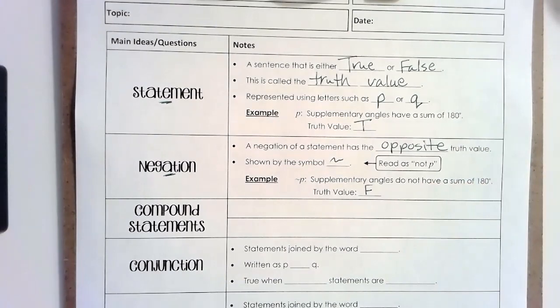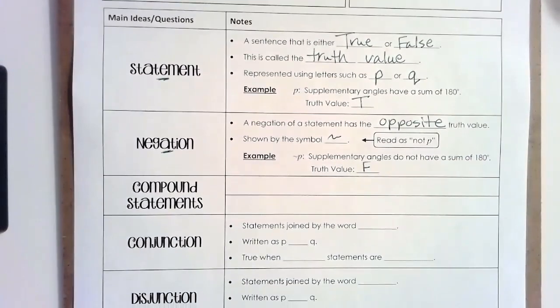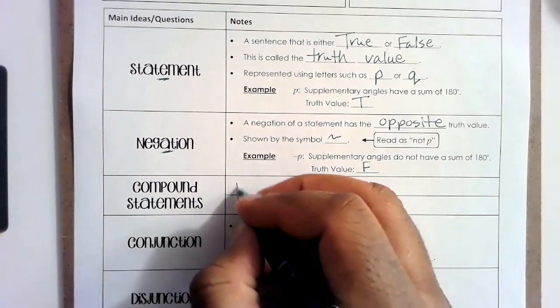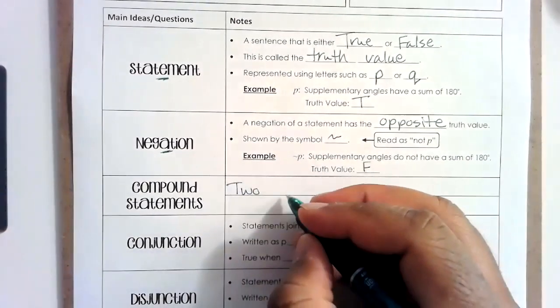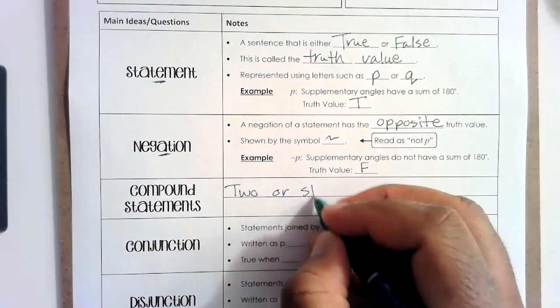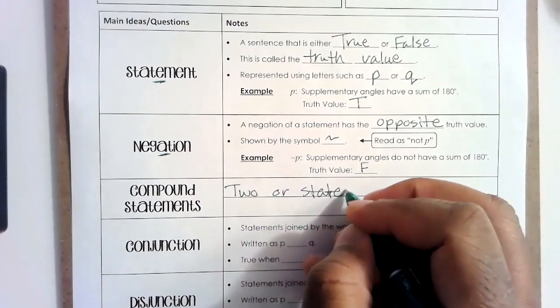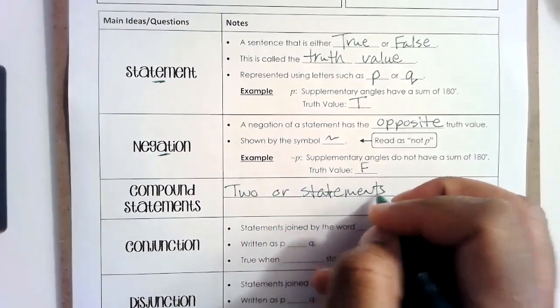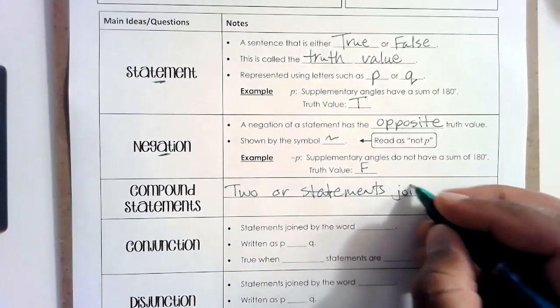Our next term refers to compound statements. By compound statements, we're really talking about two or more statements joined by the words either and, or the capitalized or.